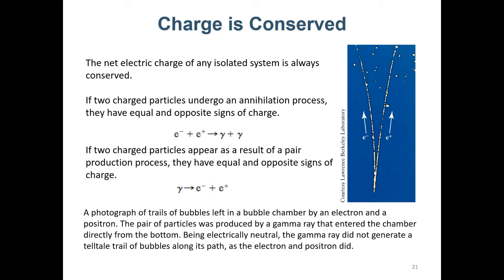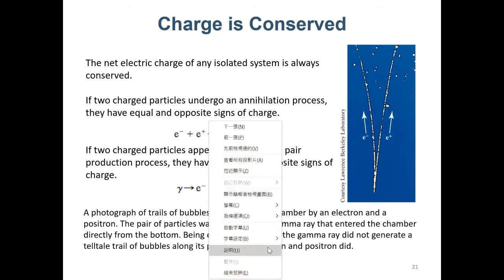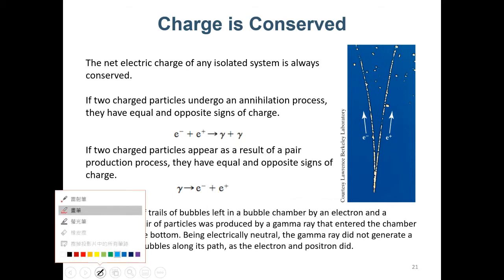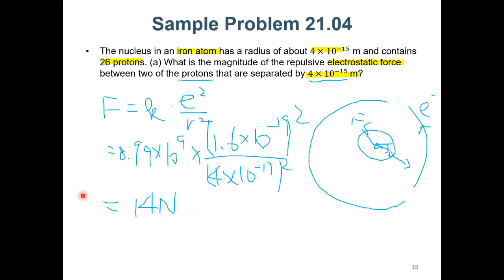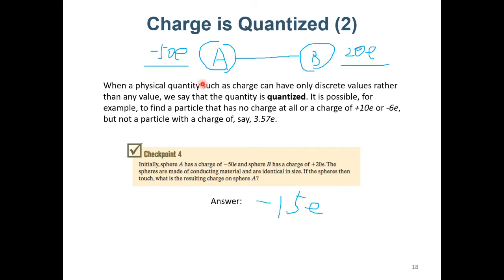So the next topic is about charge conservation. Just as in the previous example, the charge is conserved, which means that originally, before you connect sphere A and sphere B, they have minus 50e and 20e, so the total charge is minus 30e.